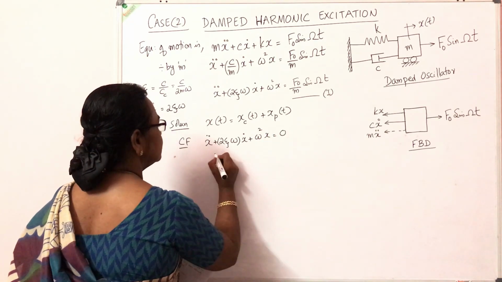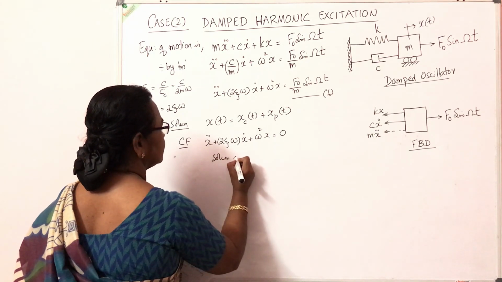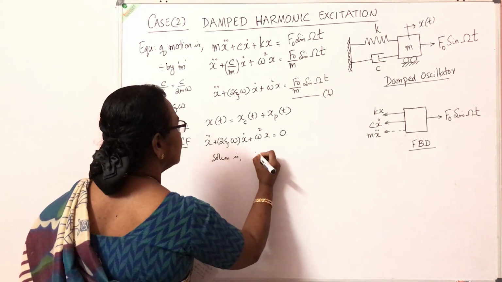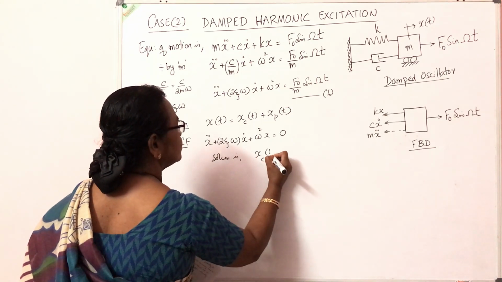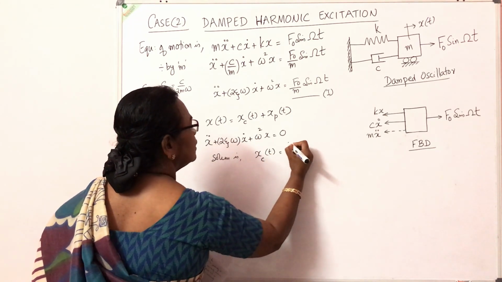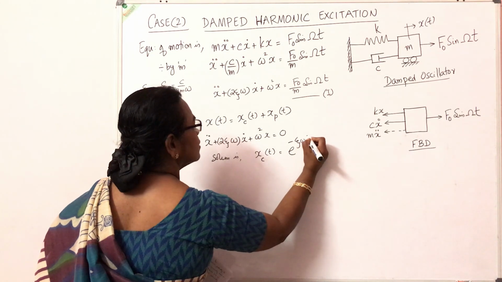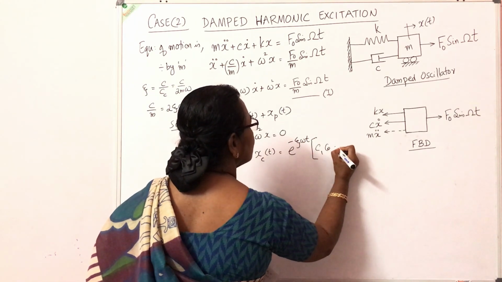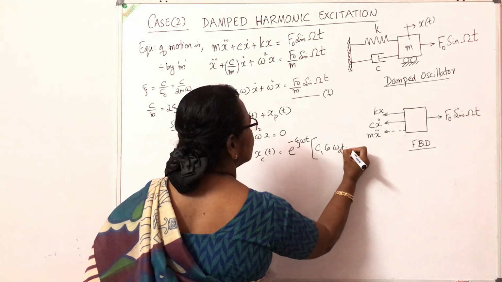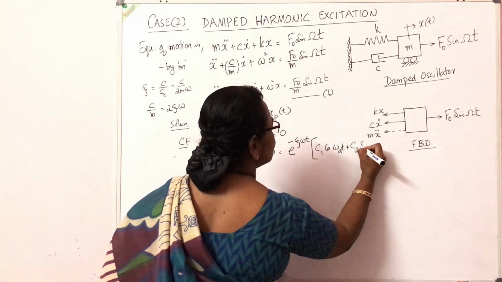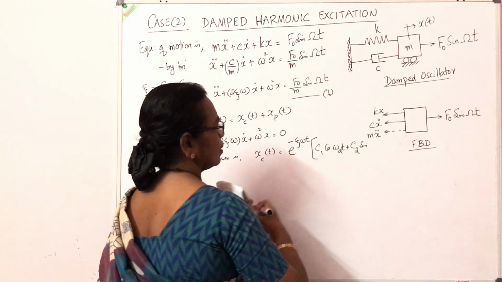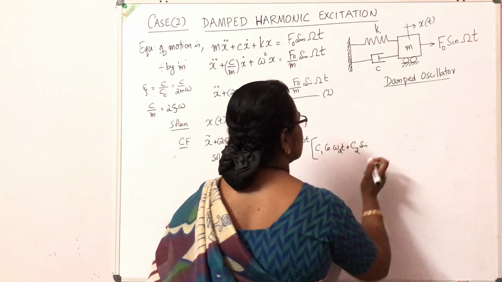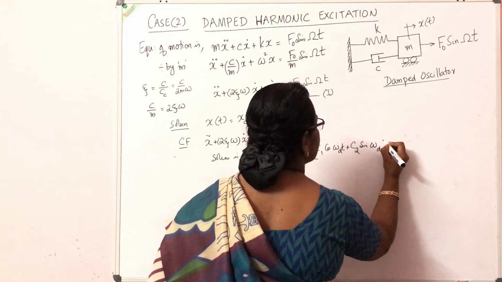The solution we have seen earlier in the case of free vibration with damping: x is equal to e raised to minus psi omega t into C1 cos omega d t plus C2 sin omega d t.